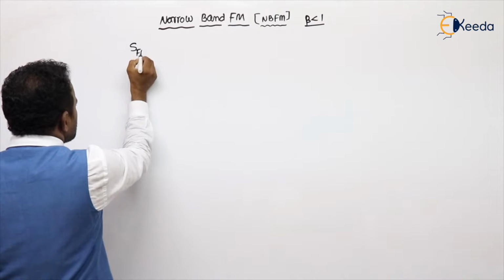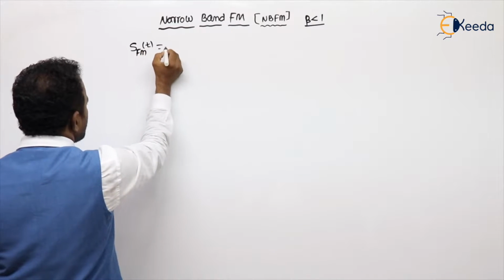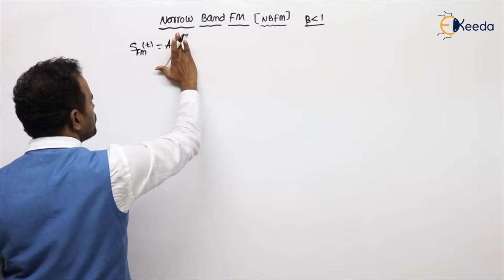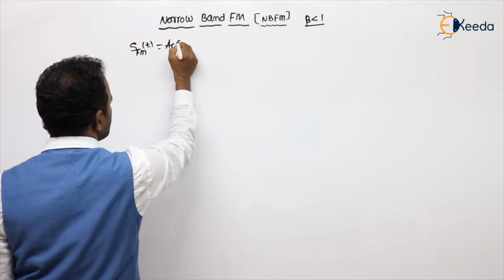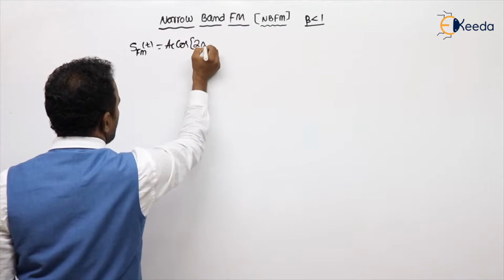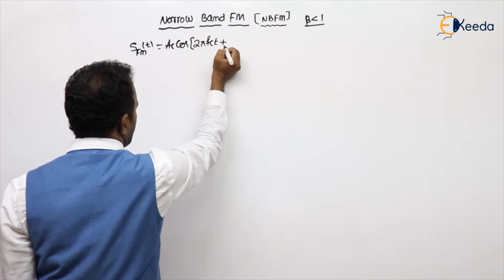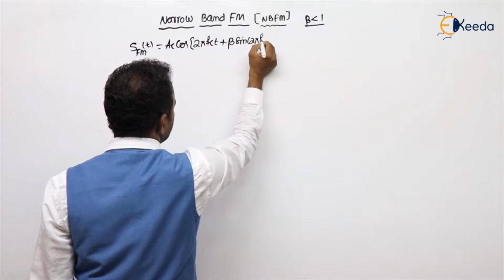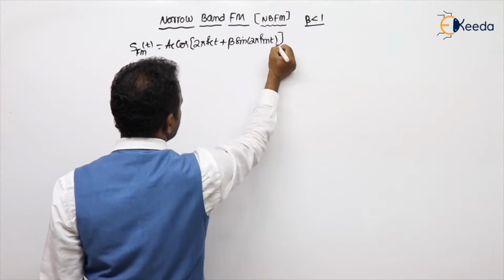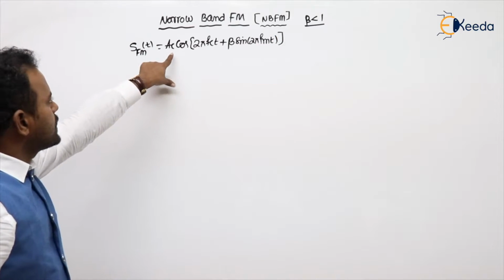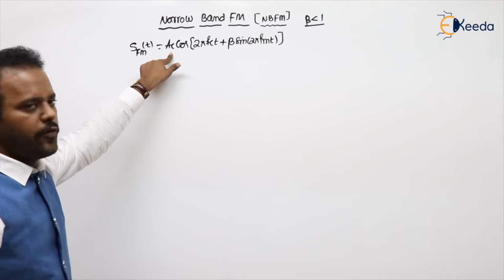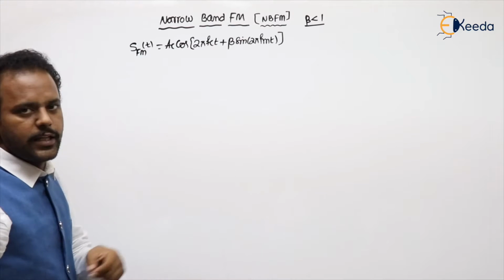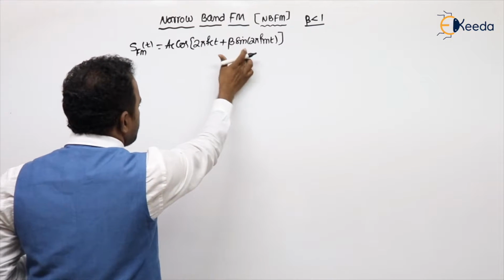What is the single tone expression of FM we got? It is AC cos(2 pi FC t plus beta sin 2 pi FM t). This is the single tone expression of FM. Now I am expanding this just like cos(A plus B).